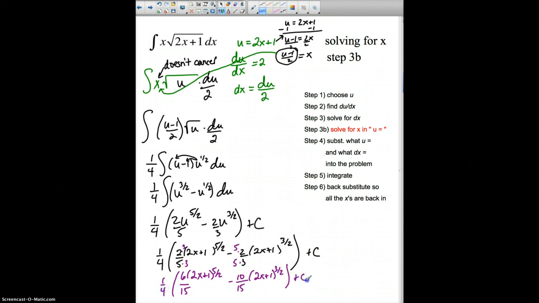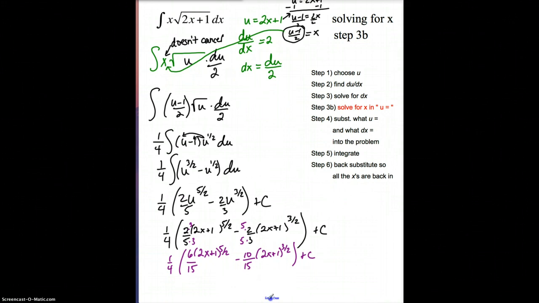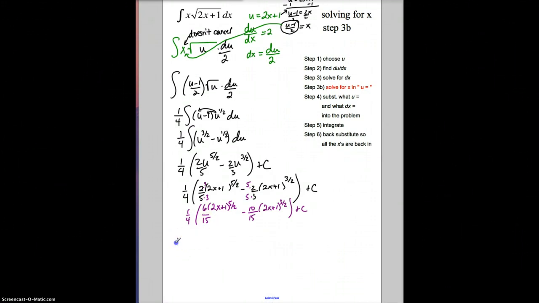And then they're going to factor out what they can. So they can factor out a 15, and they can factor out from a 6 and a 10, they can factor out a 2. So what's left there is a 3, and then 2x plus 1 to the 5/2, minus, taking a 2 out of that, we've got 5, 2x plus 1 to the 3/2, plus c.